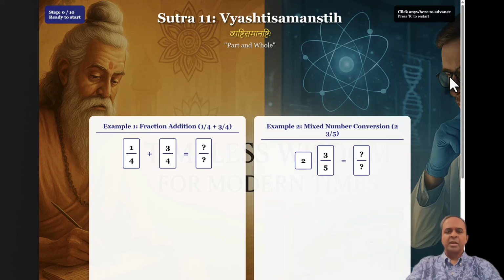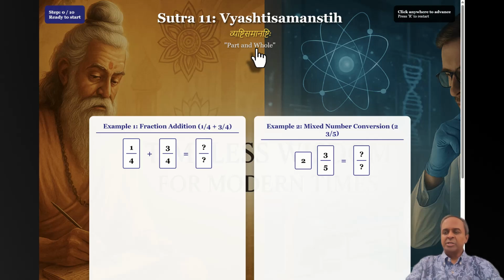All right, moving on to lesson 11 or Sutra 11. Okay, and again, a long name is pronounced as Vyasti Samansti. So, Vyasti Samansti. What does that mean? The English translation is part and whole, right?